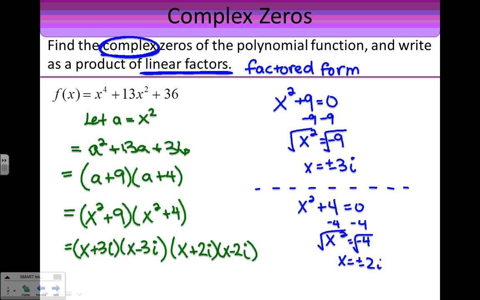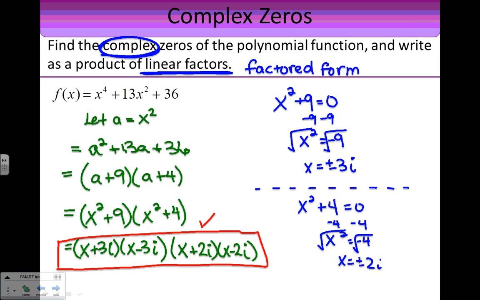So that is the product of linear factors right here. These are all the linear factors of this polynomial all multiplied together.